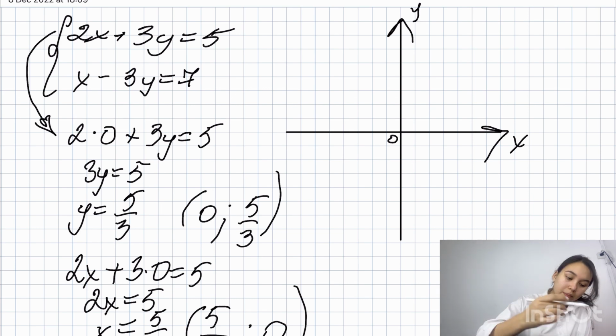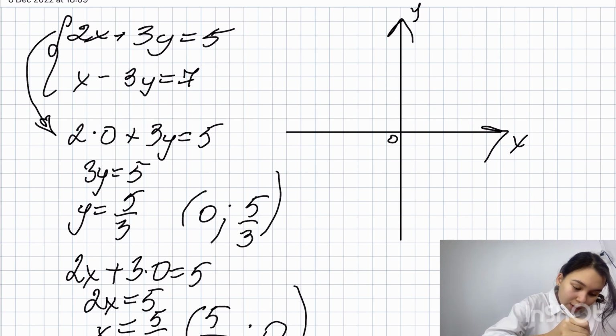Let's draw it. When x is equal to 0, y is equal to 5 over 3, so it is approximately here. Then when x is equal to 5 over 2, y is equal to 0, so it is approximately here also.